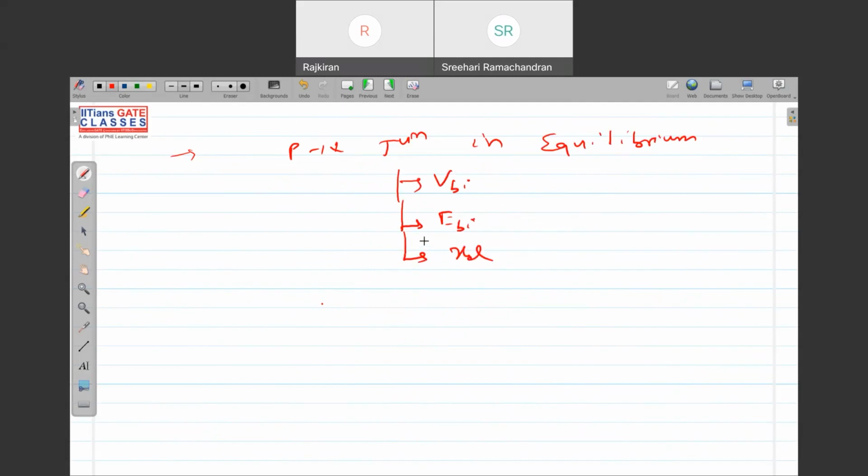All the things you have covered. Also, you have seen the energy band diagram. Then in forward bias, what did you cover? You tell me.